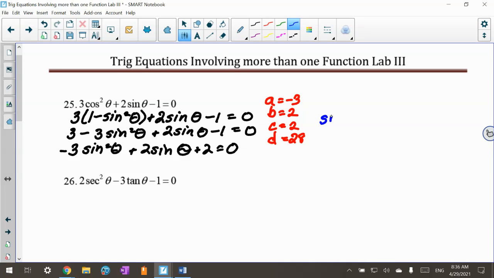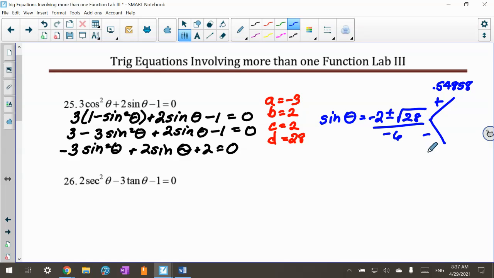Sine theta is negative B plus or minus the square root of 28 all over 2A, or negative 6. When I split it up, plus and minus, I get 0.54858 for the plus, and I get 1.21525 for the minus. Okay, so I'm going to get my picture drawn here.